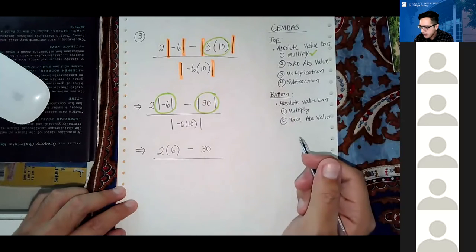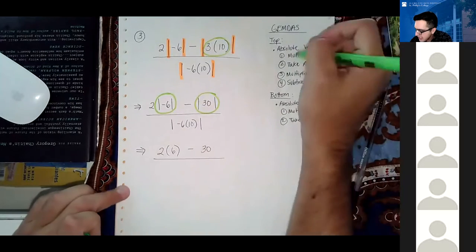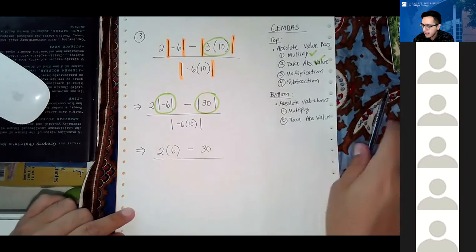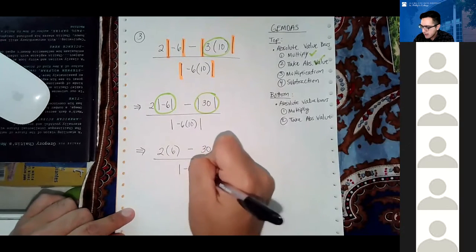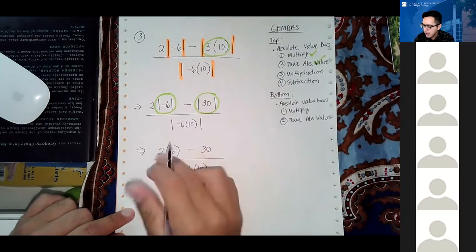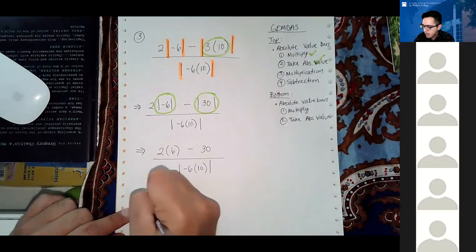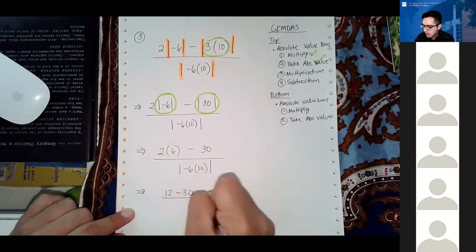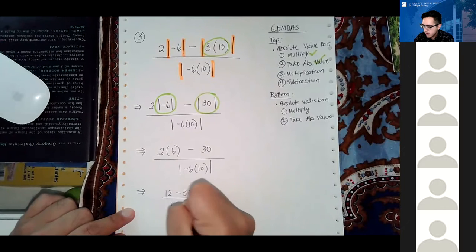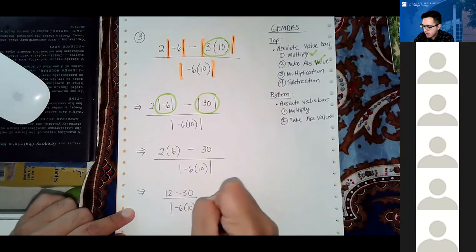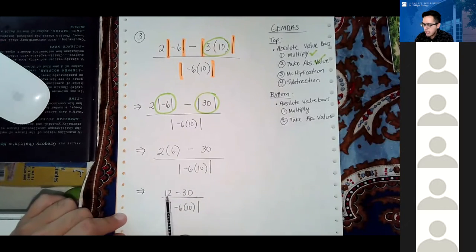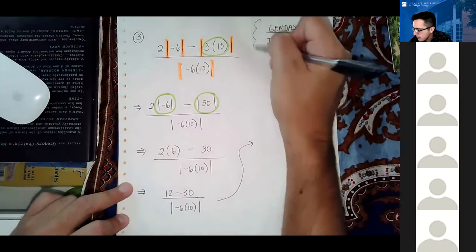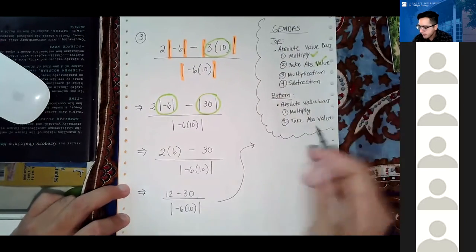Cool. So we've taken the absolute value. Now we can go ahead and multiply. Let me go ahead and write this down. We can multiply the 2 times the 6 and get 12. And then, running out of space here a little bit, I'm just going to draw an arrow to give me a little bit of writing room.